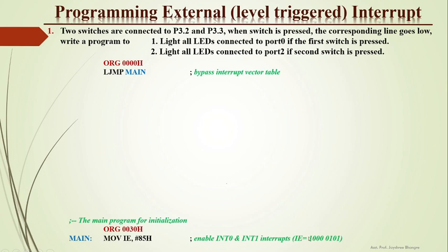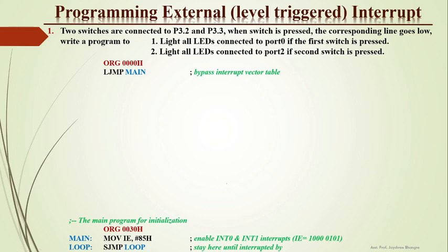That means the 7th bit, that is the enable all bit, must be high to enable these individual interrupts, and to enable the int0 and int1 interrupts, these two bits, IE0 and IE2, must be high. So we get the value 85H. So we are moving this value into the IE register to enable these interrupts.